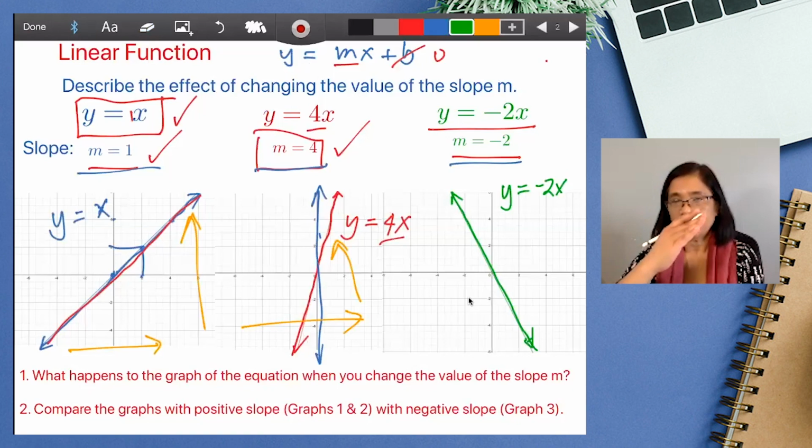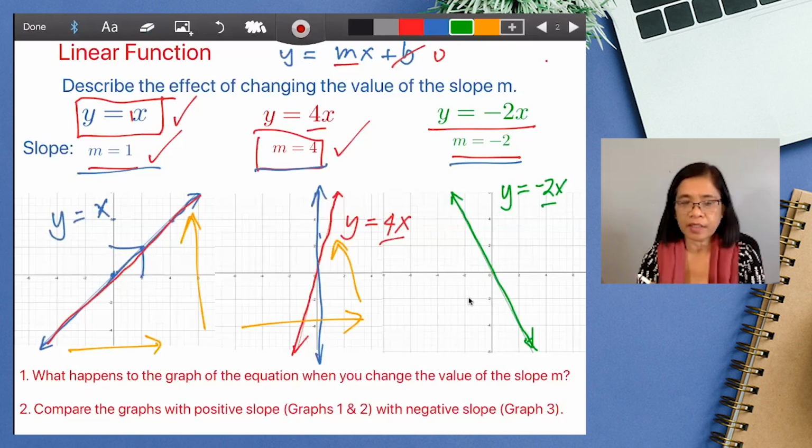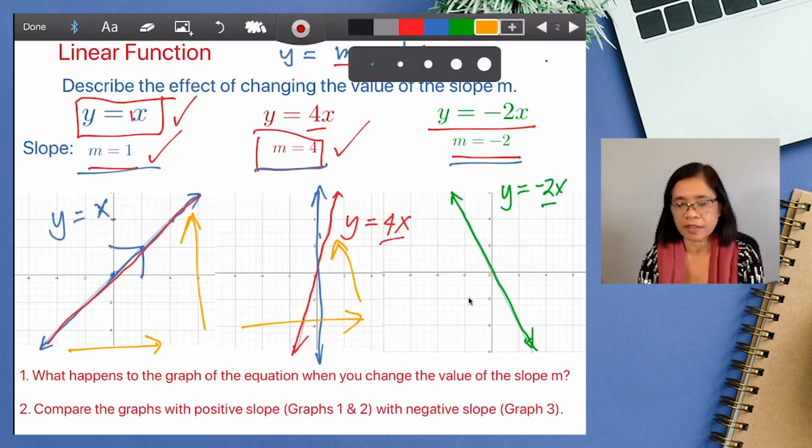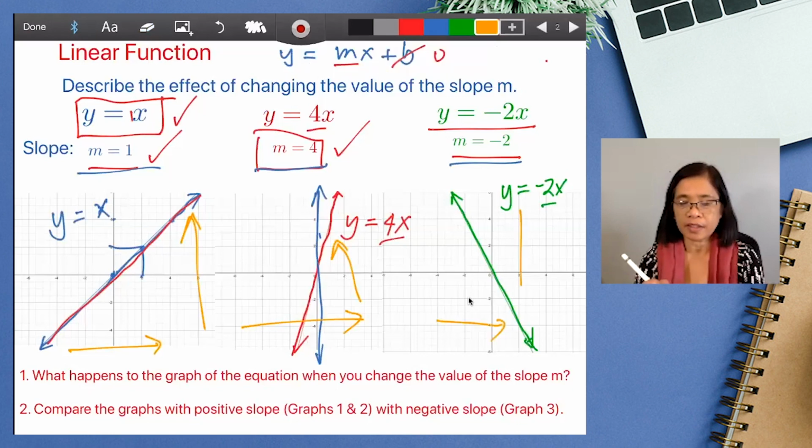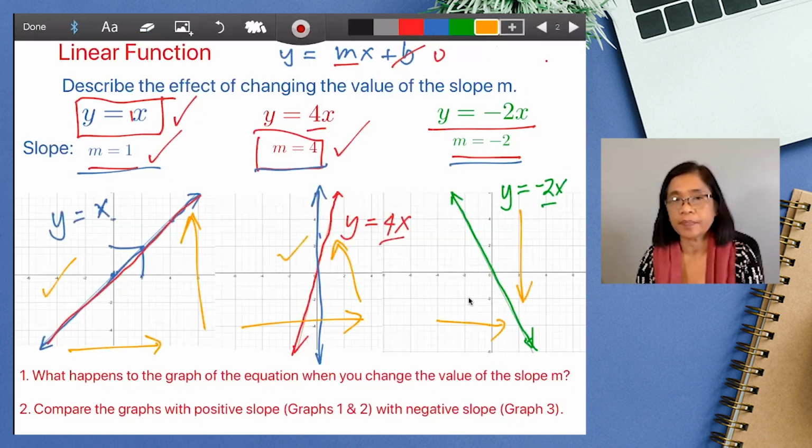If you have a line whose slope is negative, the line is falling, because as x increases, as we move from left to right, the value of y decreases. Again, if we compare this to graphs 1 and 2, these two lines are rising, and the line with a negative slope is falling.